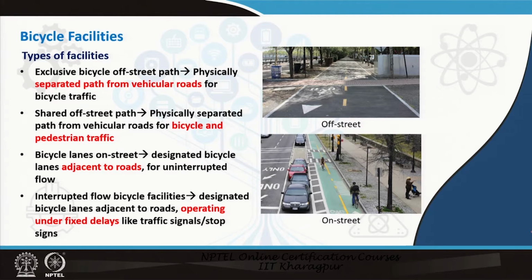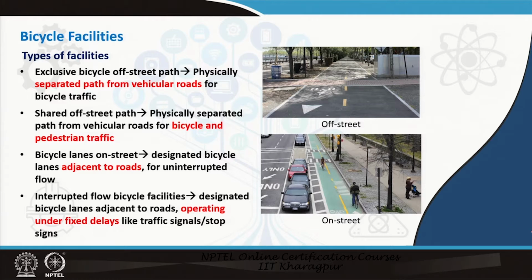When we talk about bicycle facilities, these are usually modern, new age facilities. We have been riding bicycles for many years now, but we never had facilities dedicated to bicyclists.